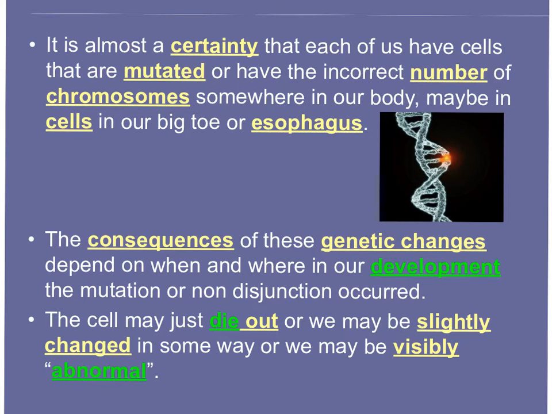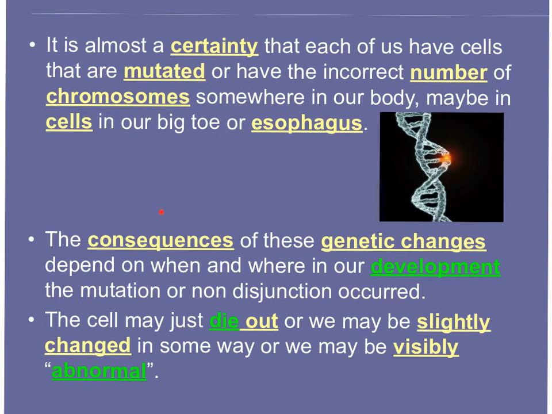Now, though the body is usually very good at fixing these mistakes or catching them before they get too far, it does happen, and you most likely have cells in your body that have these mistakes. And they can be any cell. They can be your skin, your esophagus, your liver, wherever the cell is.